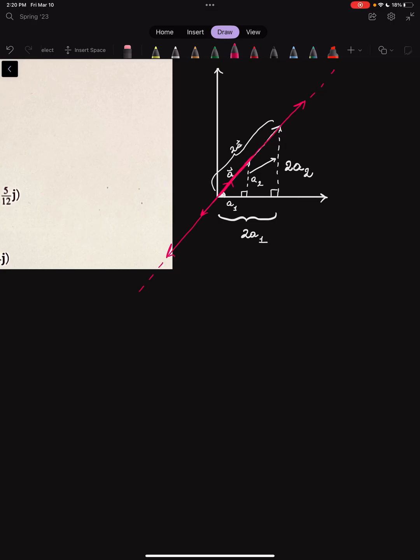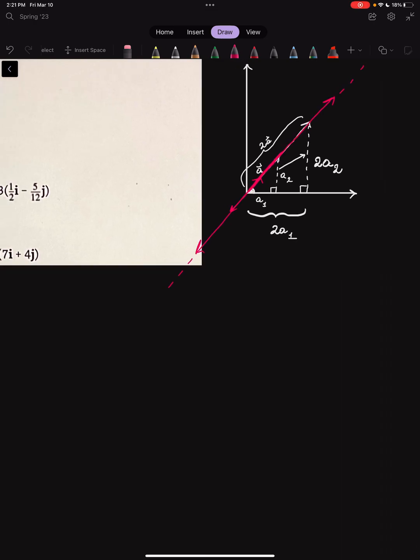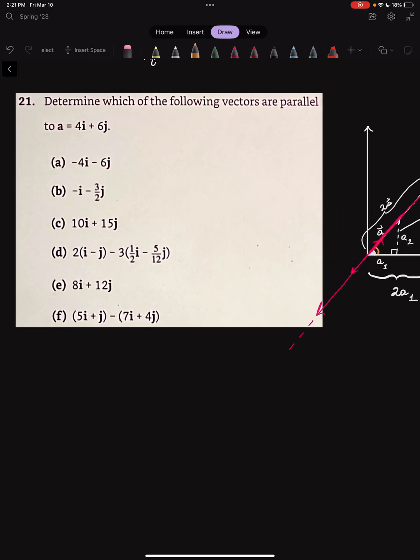So if I know that I can represent one vector as a scalar multiple of the other, then I know I'm going to be on the same line, which means I'm going to be parallel. And another reason to think about it is that these sides of those triangles will always be proportional, so this angle will always be the same, so those two vectors will always be parallel.